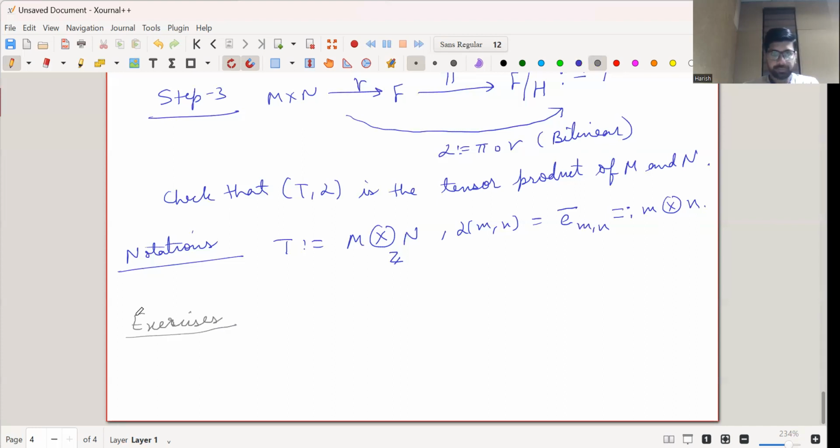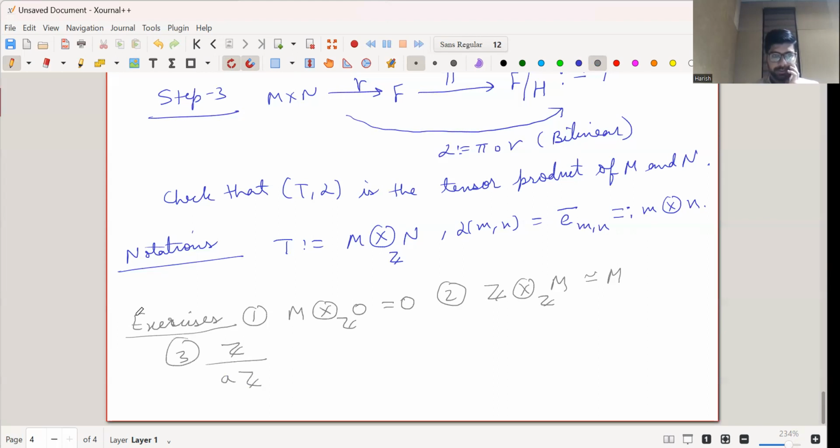So first is, if you tensor any module with the zero module, then you will get the zero module. Second is, if you tensor a Z-module with Z itself, then that will be isomorphic to the module itself. Third is Z modulo AZ.